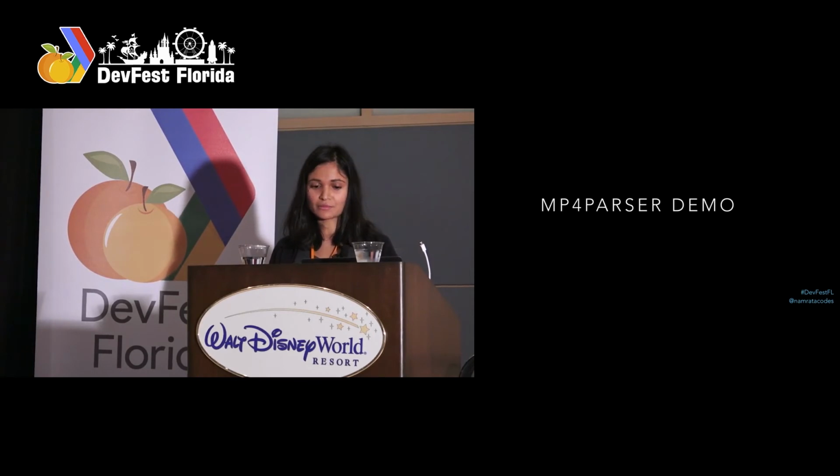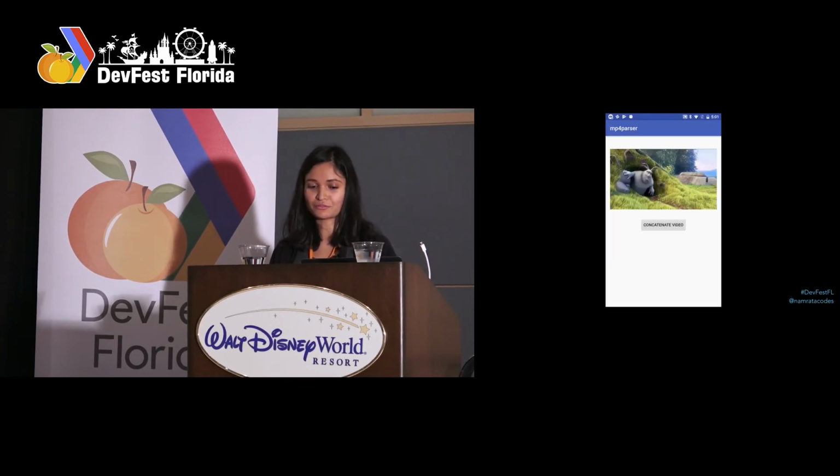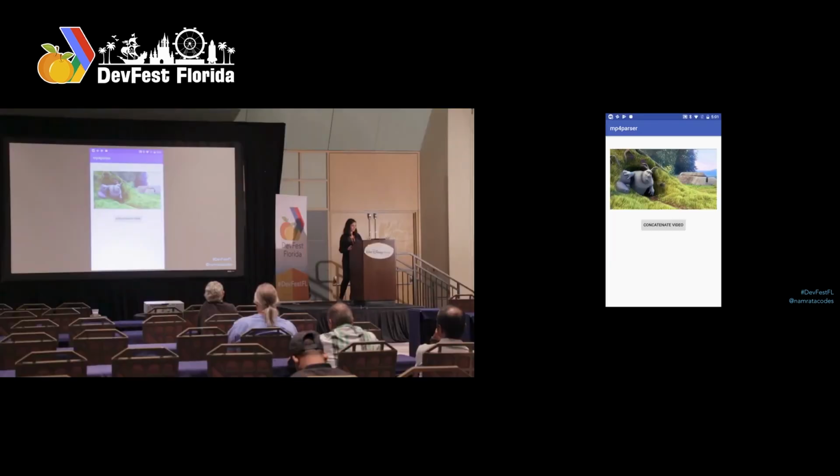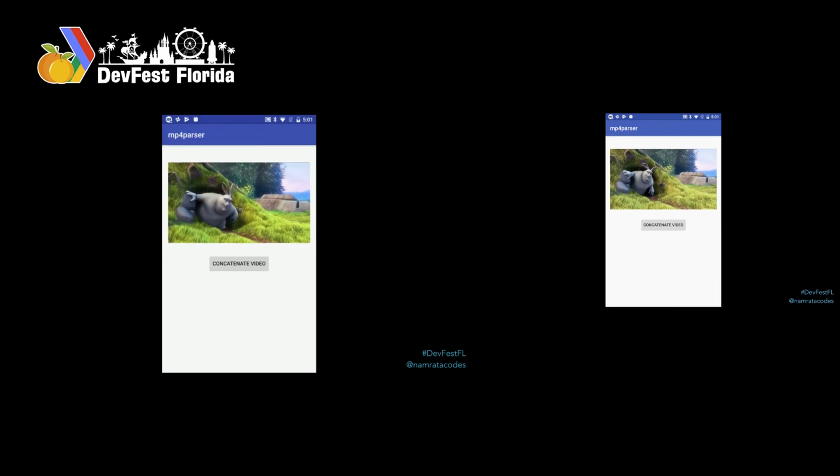And so let's see a demo of how performant this is. This is the Big Buck Bunny video, which is a very popular benchmark for any kind of video processing research. It's a 30-second long file with a very high resolution as compared to the GIFs that I was using.